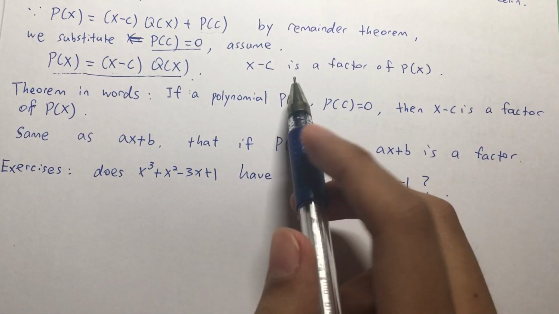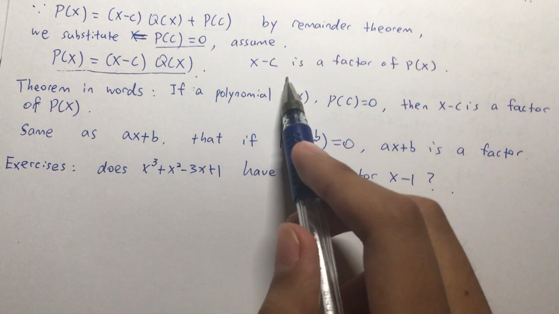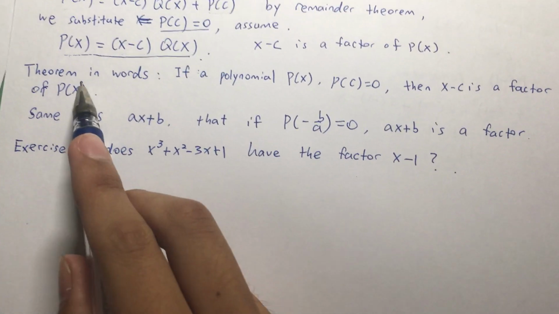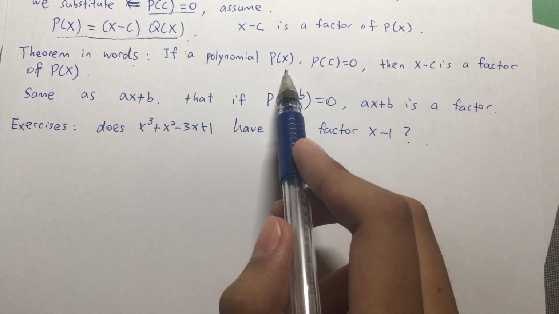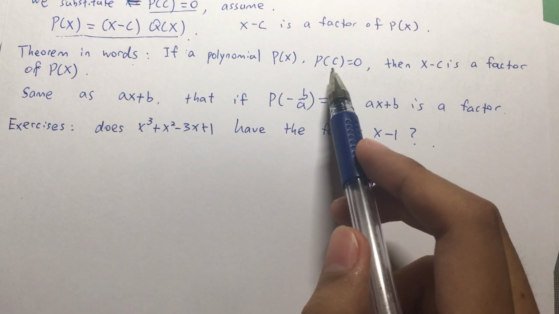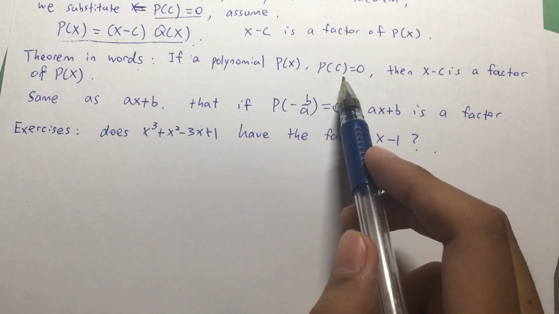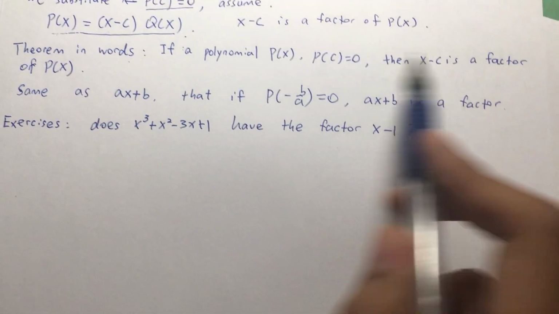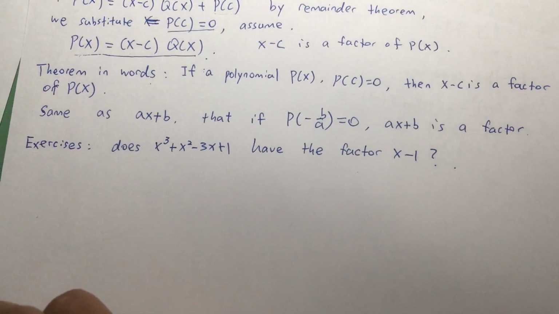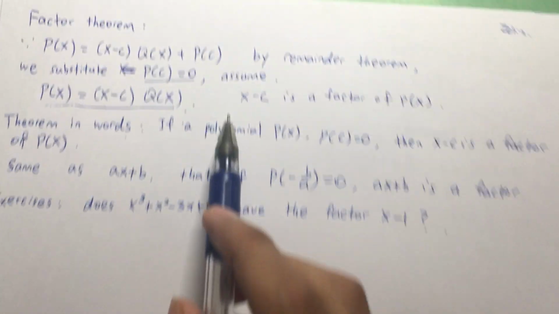And that is what the factor theorem is talking about. The theorem in words: if for a polynomial P(x) there is a constant c such that P(c) is equal to 0, then x minus c is a factor of P(x). And we have just proved it here.